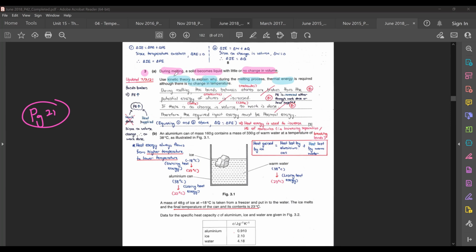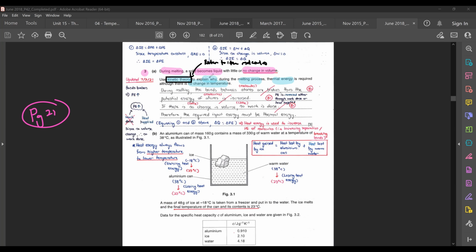Okay. You now have solid becoming liquid. It's kind of like ice becoming water. So they're asking you to use kinetic theory to explain why during the melting process your thermal energy is required, although there's no change in temperature. Now, kinetic theory here refers to you referring to the molecules, because kinetic theory of matter states that matter is made out of molecules or atoms, right?